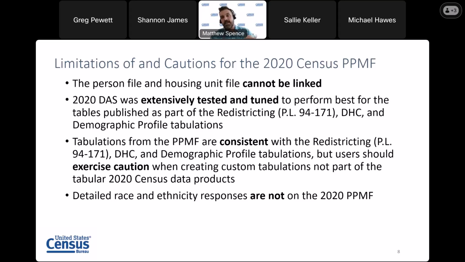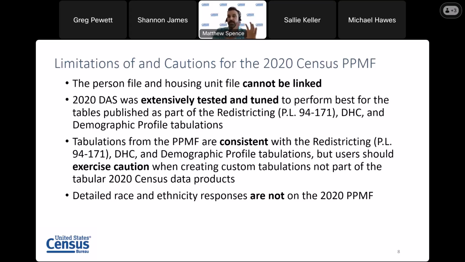The second bullet point is a little bit tricky to understand, but basically what you need to know is that in that process of the top-down algorithm, we did many different things to test our data, to really make sure that we were doing the post-processing in the least biased way that would generate the most amount of accuracy.